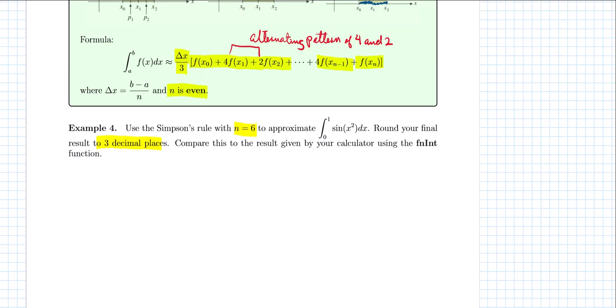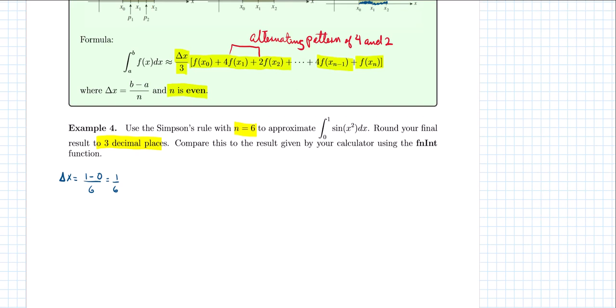With this one, I'm not going to bother with the sketch because it's going to be the same one as before. However, our delta x is going to be a little bit different. Since we have n equals 6, our delta x is going to be 1 minus 0 over 6, which is just 1/6. I'm not going to bother writing the fractions as decimals because 1/6 is not as nice as a decimal as 1/5, so I'm just going to keep the fractions.